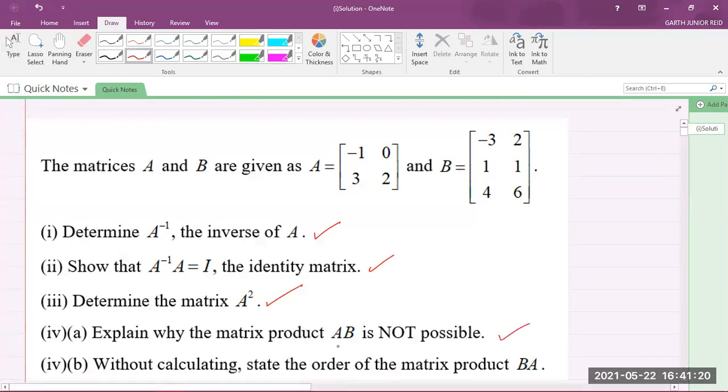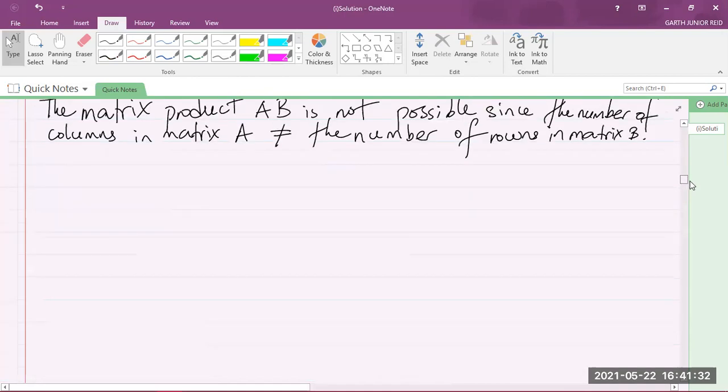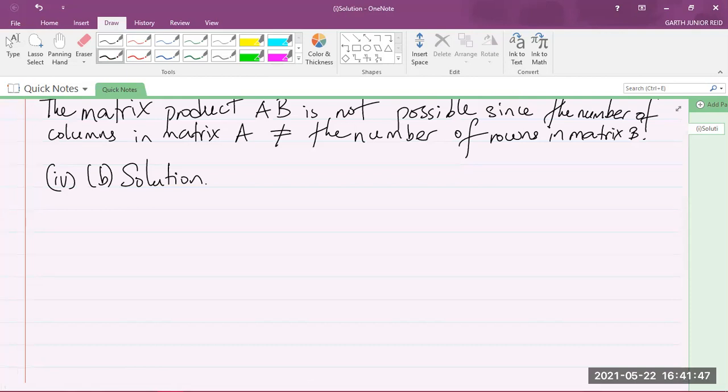Now we're going to do the final part of the question, which says, without calculating, state the order of the matrix product BA. So part 4B now. Let's do that here. Part 4B, solution. So it says that without calculating, we are to state the order of the matrix product BA.